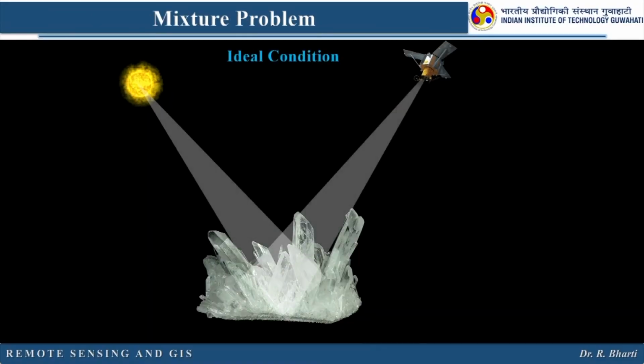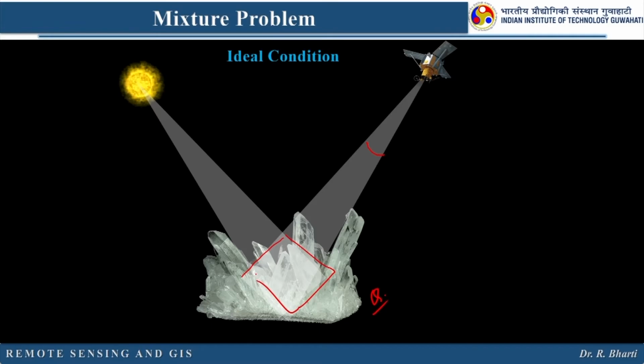Let us see what exactly I am calling the mixture problem. In the ideal condition, this is a mineral called quartz, right, which has been illuminated by the sun and then captured by your satellite, and then subsequently you will generate a hypercube and get a spectra, right. Here, what I am trying to show you is that the complete field of view is basically covering this quartz, right.